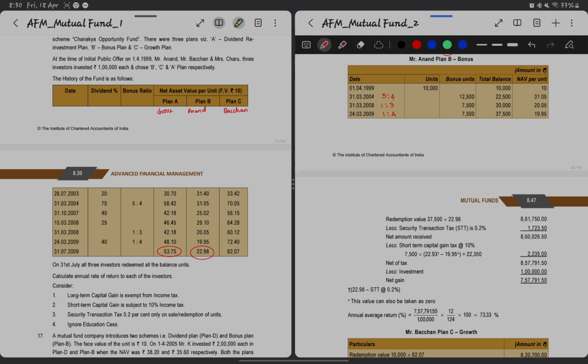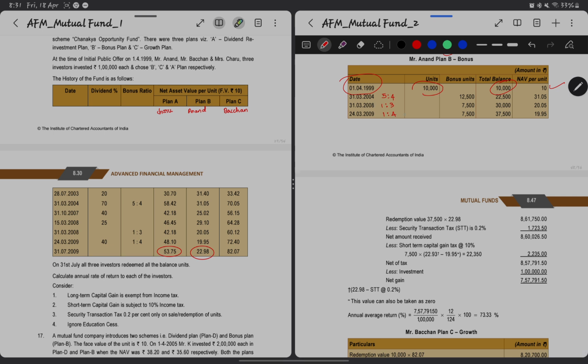So all the bonus units will get added to our mutual fund scheme. If we see here also, the first investment is on 1/4/1999, and then there were bonus units issued during 2004, 2008 and then 2009. These were the 3 periods where bonus was issued. So first we have 10,000 units and the balance is 10,000, and the NAV on that date is 10.